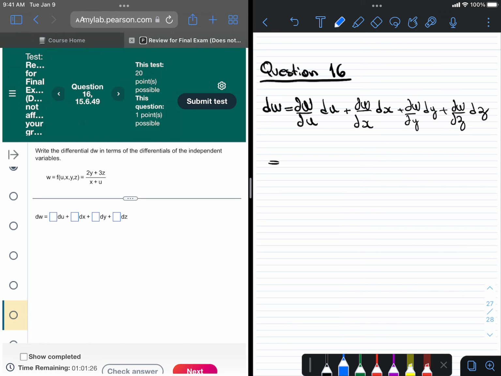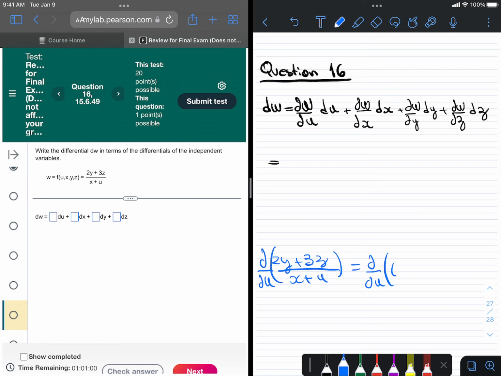So when I derive with respect to u, what I need to do is derive this function, 2y plus 3z, with respect to u, over x plus u at the bottom there. What you have to focus on is that when you're deriving with respect to u, the top is a constant.